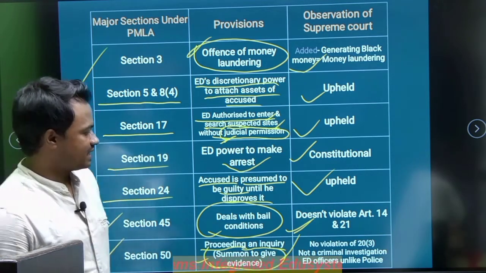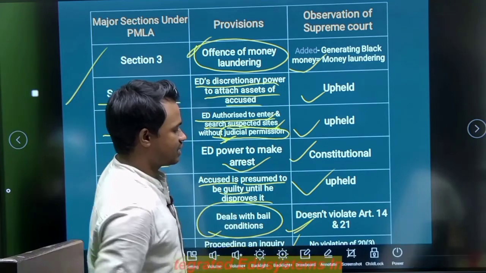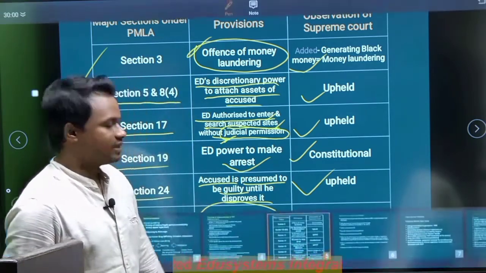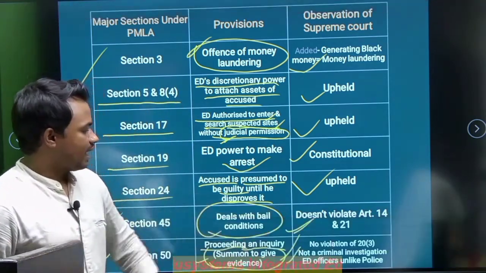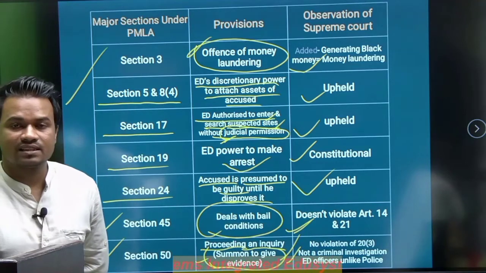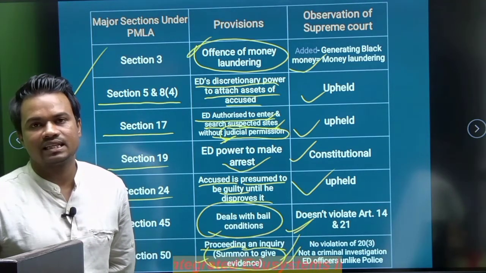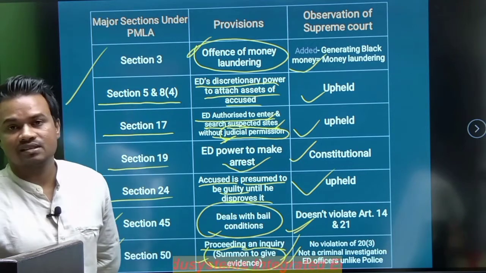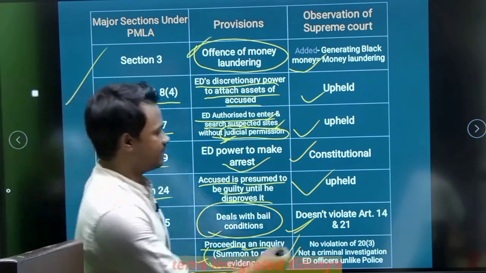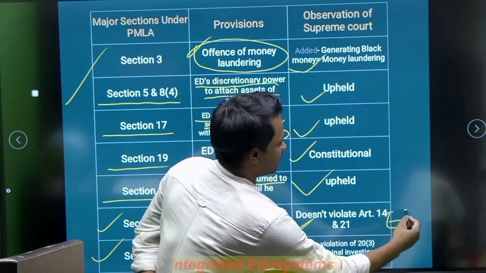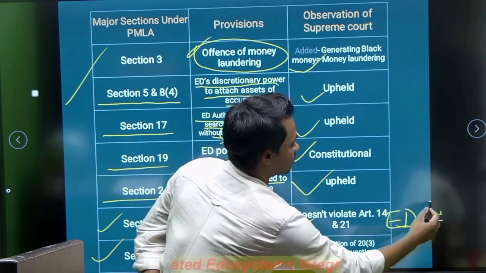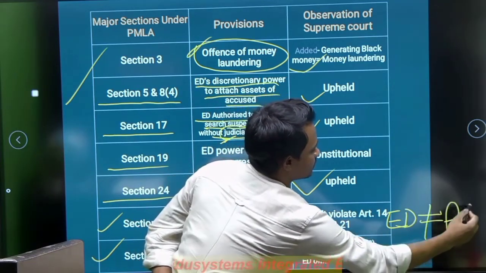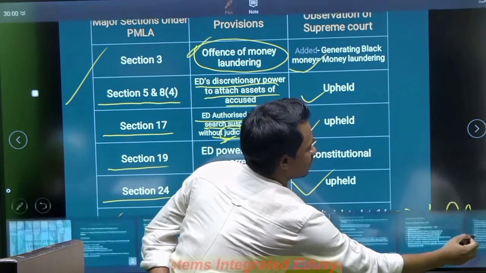So in that case, there is no violation of Article 23 according to the Supreme Court. The Supreme Court also added that this is not a criminal investigation, and ED officials are not police. So this was the observation.